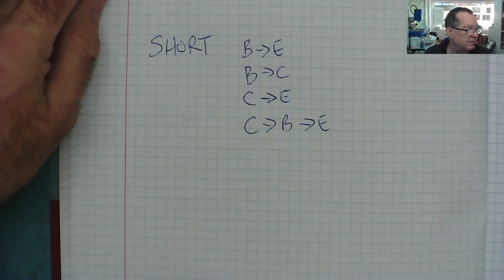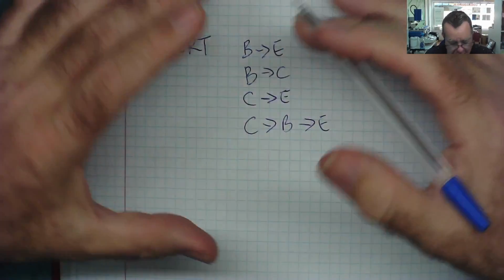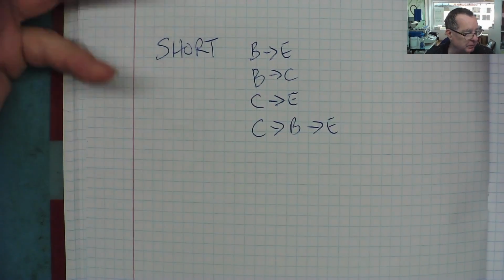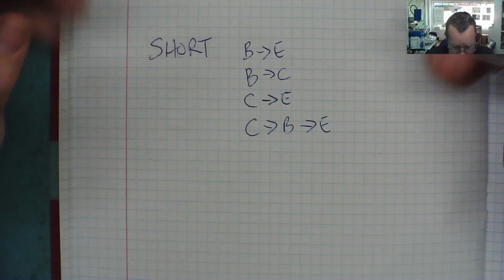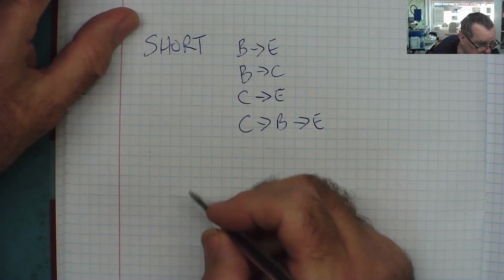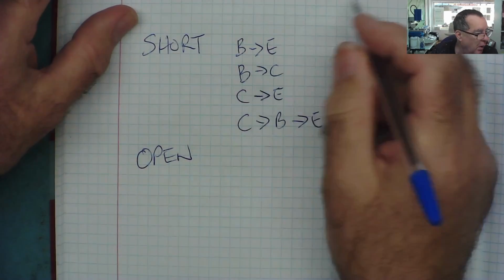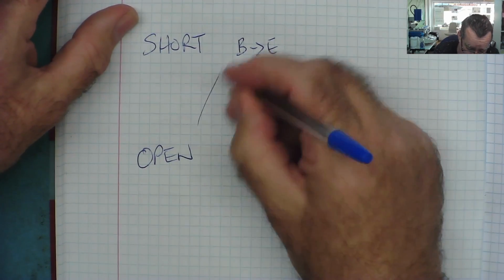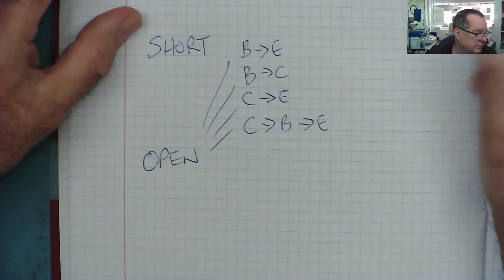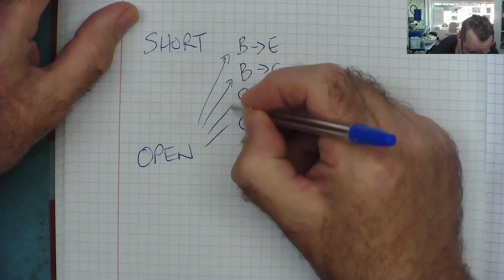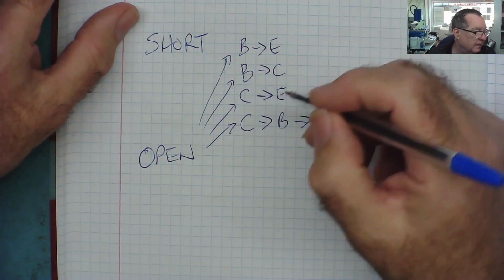I think that's all the combinations. The other way they fail is the opposite. They go open circuit. And again, they can go open circuit between any of the terminals or all of the terminals. So that's the main ways transistors fail.